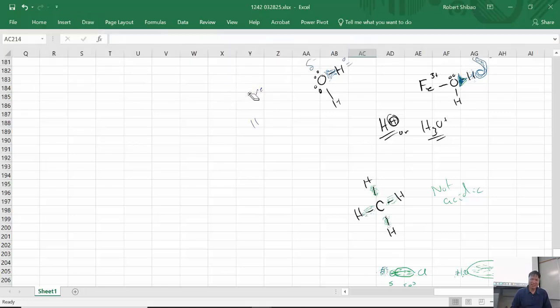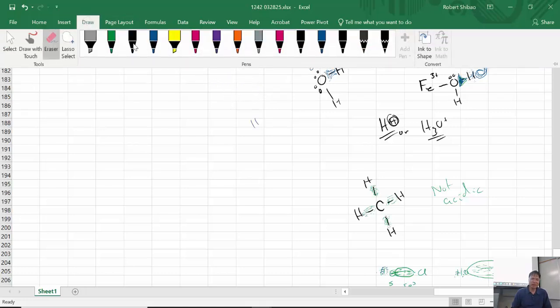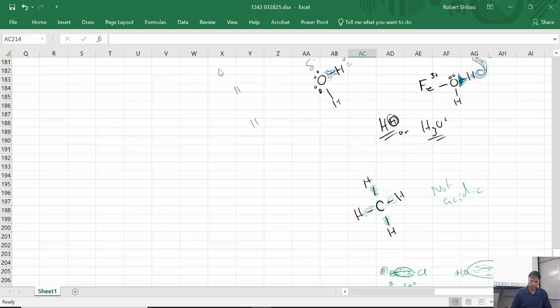In acid strength, the number 2 thing we look at is polarity. How blue it is. The more blue, the better. But the number one thing we look at is bond strength.